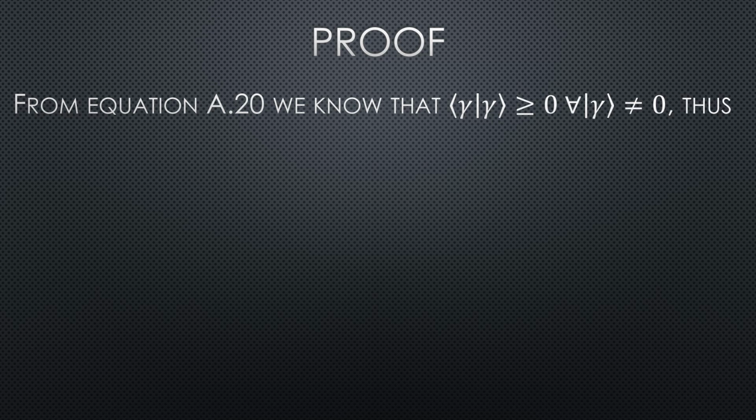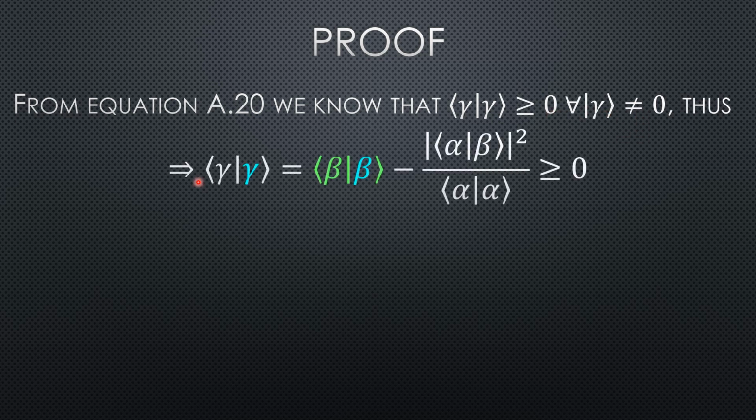So from equation A.20, we know that the inner product of two vectors gamma gamma is greater than or equal to 0 for all gamma that are not the 0 vector. Thus, we see that gamma gamma here is equal to beta times beta, or the inner product of beta beta, the magnitude squared alpha alpha, and all of that has to be greater than or equal to 0 thanks to this thing here.